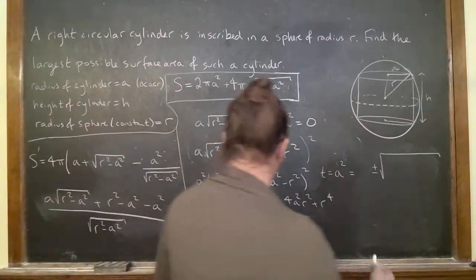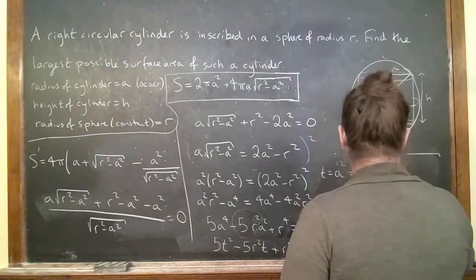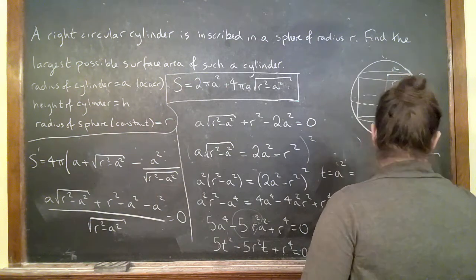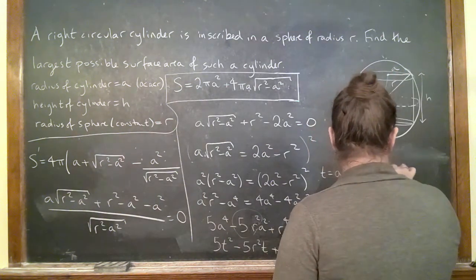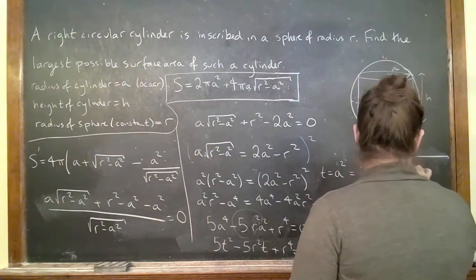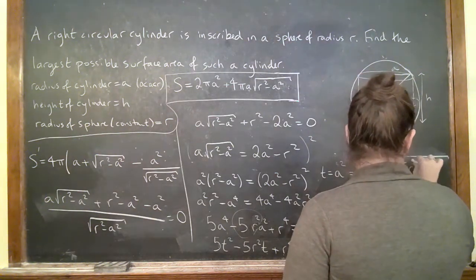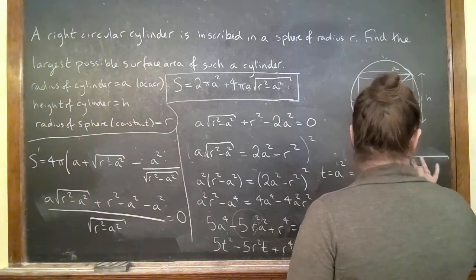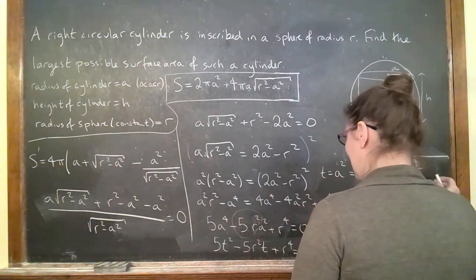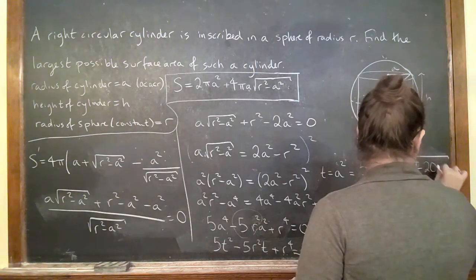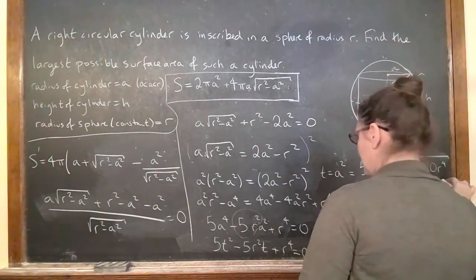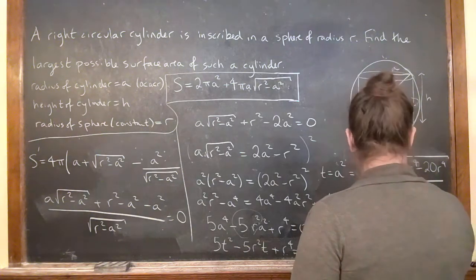So your minus b would be that. So it would be 5r squared plus or minus the square root of b squared, 25r to the fourth, minus 4ac, so 20r to the fourth, over 2a, which is 10.